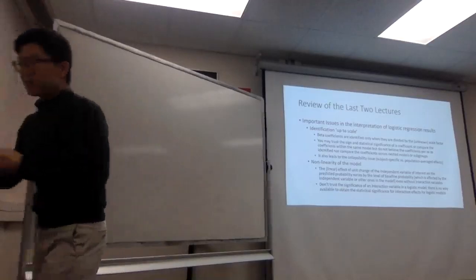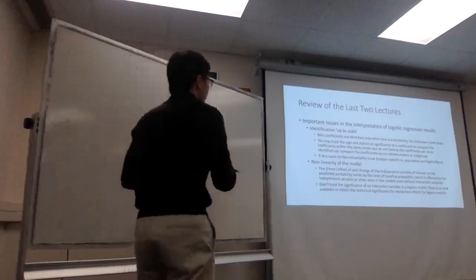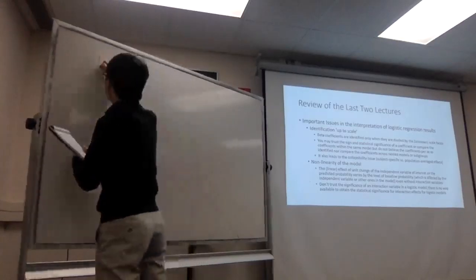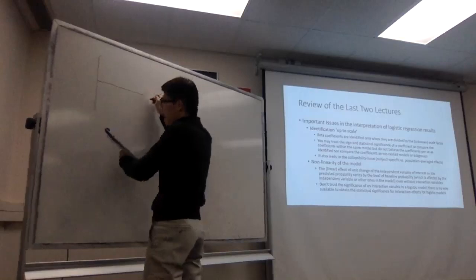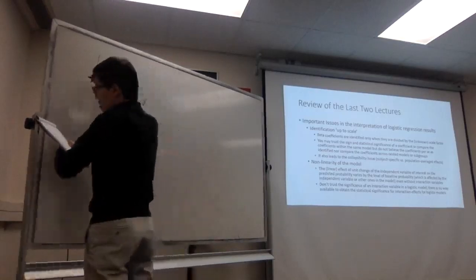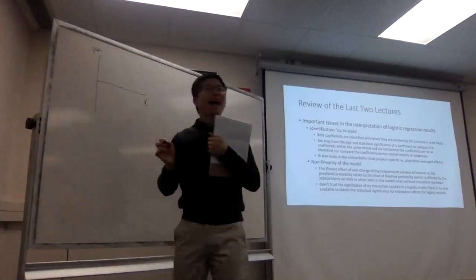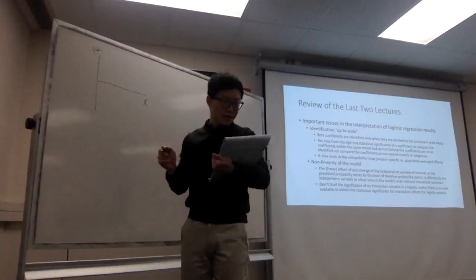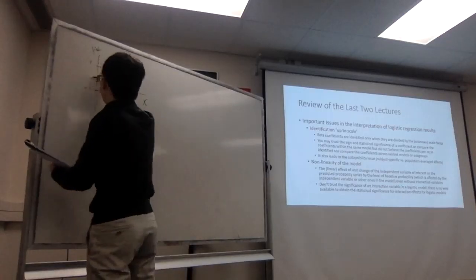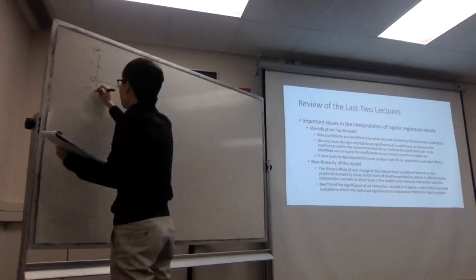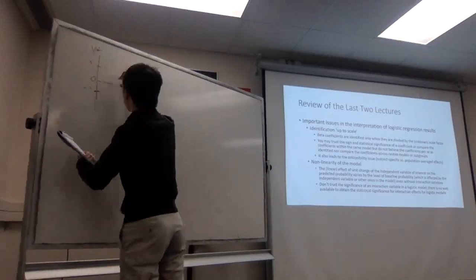So this leads to the collapsibility issue in logistic regression modeling. It was not covered in too much detail in lecture, but let's say we have y asterisk, right? And then we have 1, and then we somehow specify the scale.